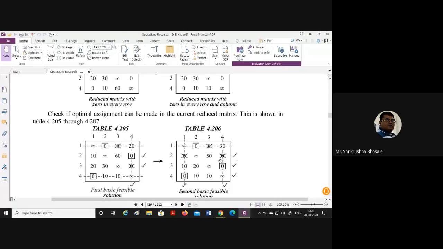Then for the remaining third and fourth cities, there will not be any allocations. So here we have to take care that the fourth city allocation should always be 1, meaning from 4 to 1. So your cycle may start from 1, 1 to 2, then 2 to 3, or 2 to 4, or 4 to 1, like this.